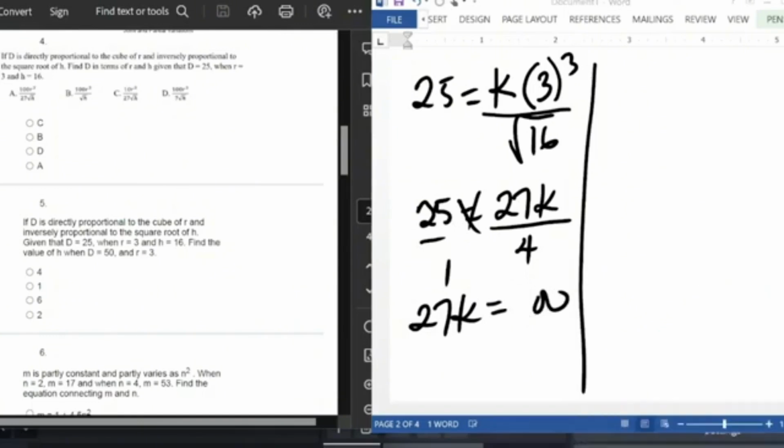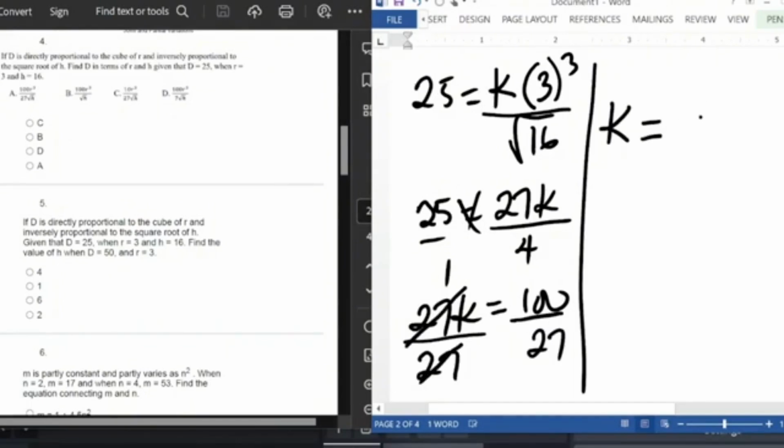So we divide both sides by 27. So this cancels this. So we can therefore say that K equals 100 over 27.